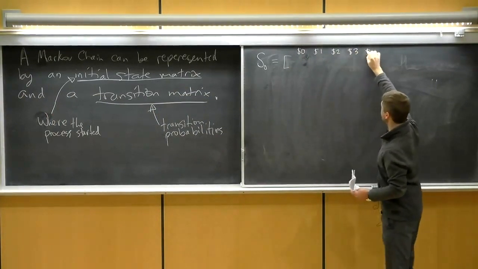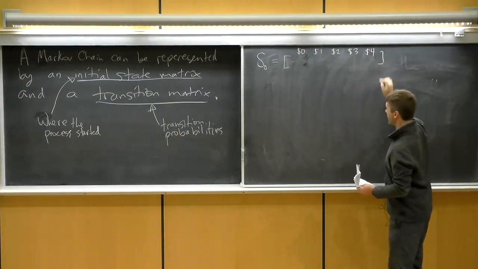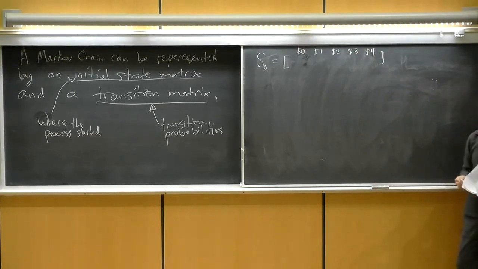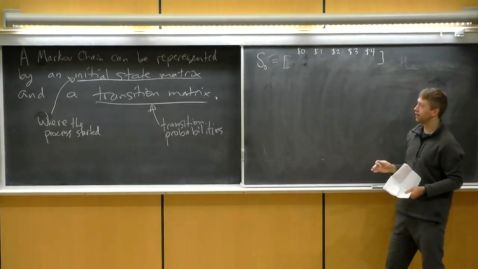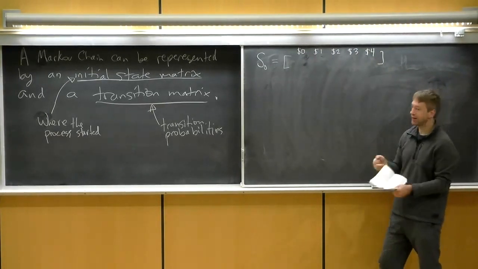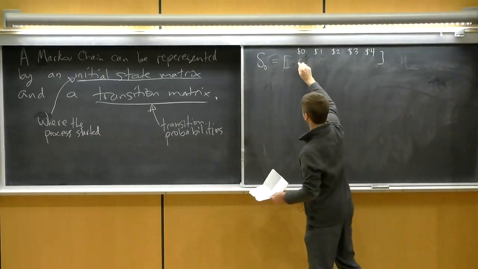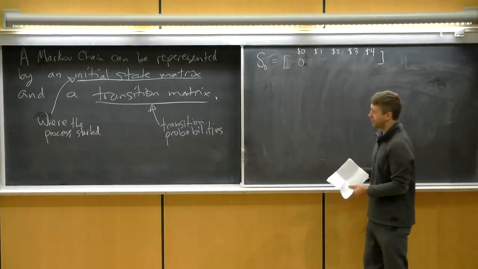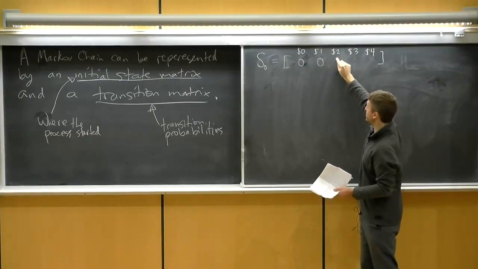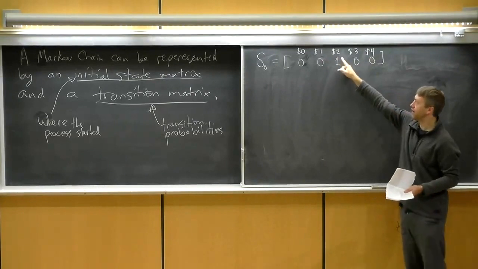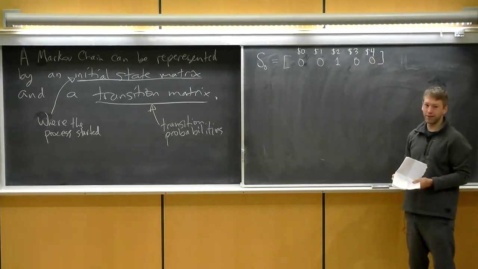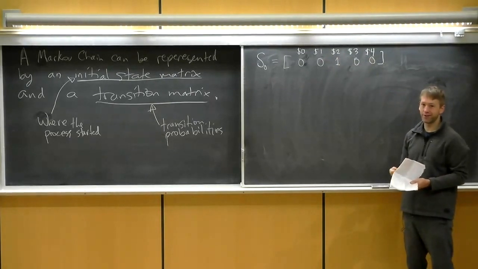You don't always necessarily have to label your columns like this, but basically each column represents a state. And where the process started is, with probability of 1, the process starts with $2 as the state.